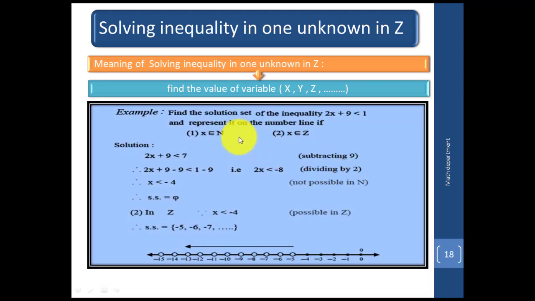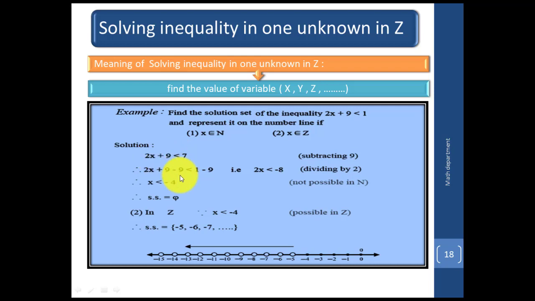Like the first exercise. Find the solution set of the inequality 2x plus 9 less than 1. I want to find the solution set and represent it on the number line. At first, I want the solution set in N and in Z. Okay, 2x plus 9 less than 1. I want the value of x.